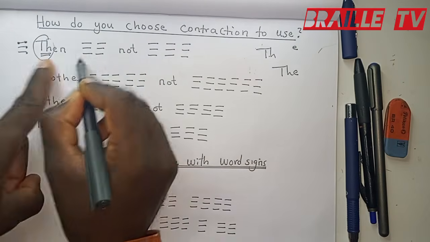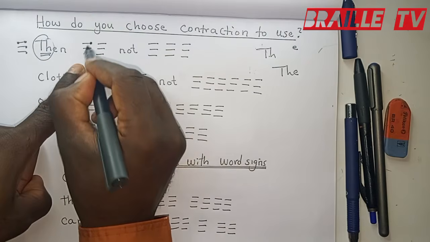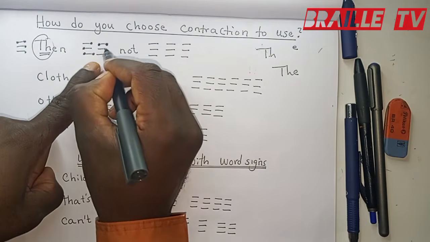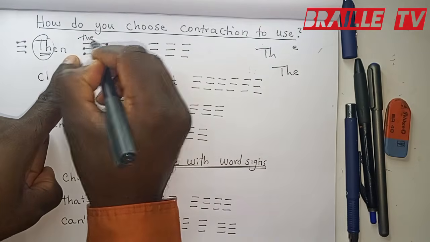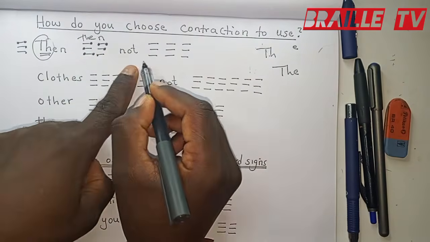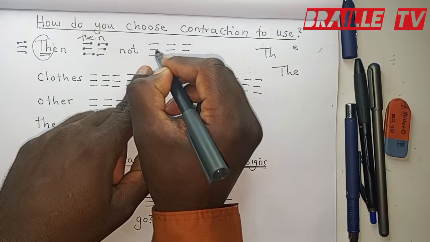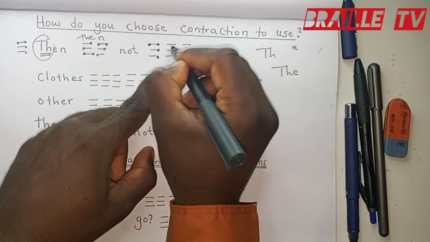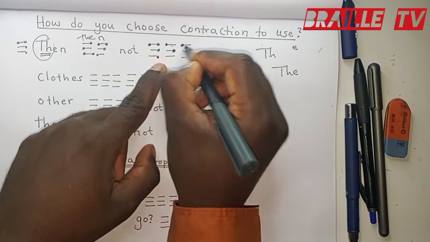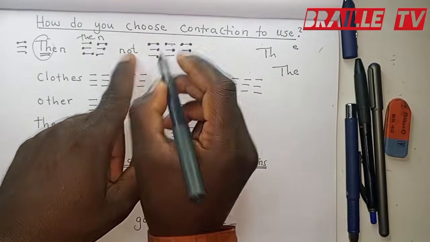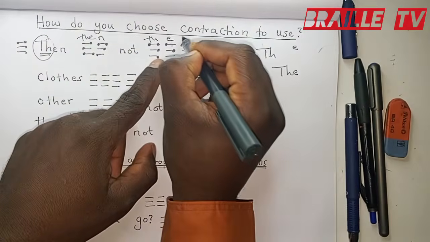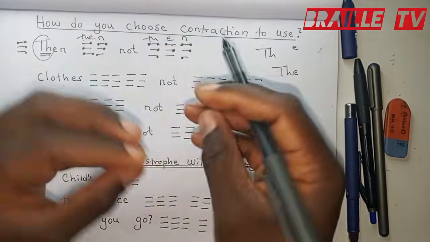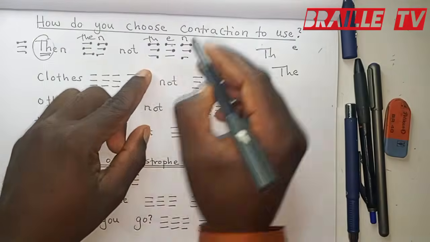Let us write here. So here you are supposed to write like this, then like this, okay, the and then n. So this means this is the and this is n, then. But do not do this. Don't contract th whereby it's d dot 6 and then write e and then write n. Yes, I know when you read this it is th, e and n, it is correct when you read it, but according to the rule of Braille, it's not correct.